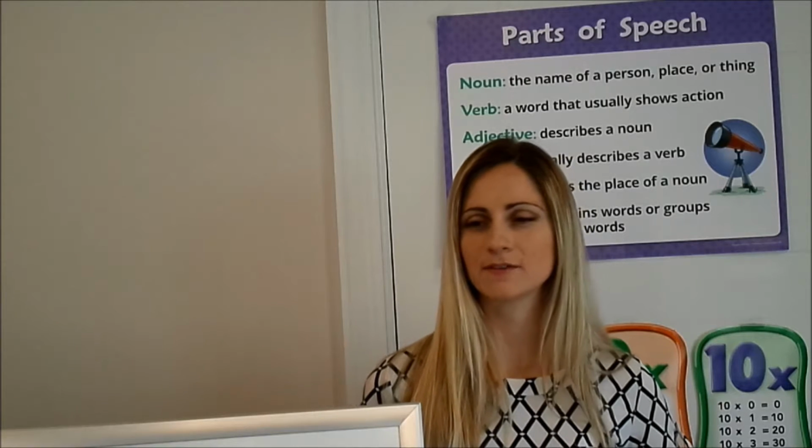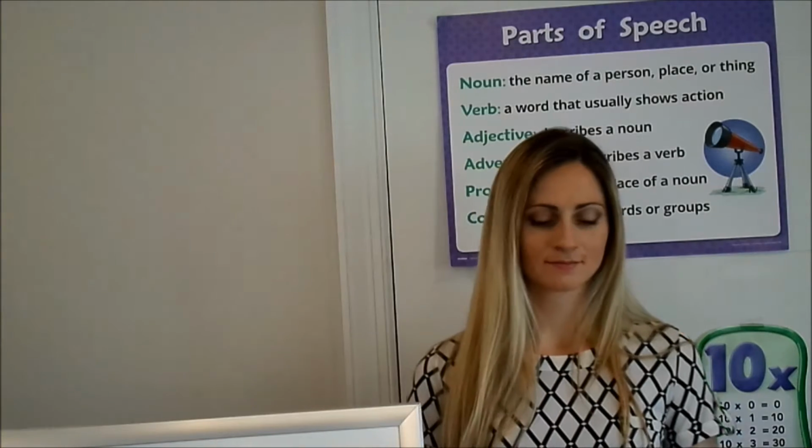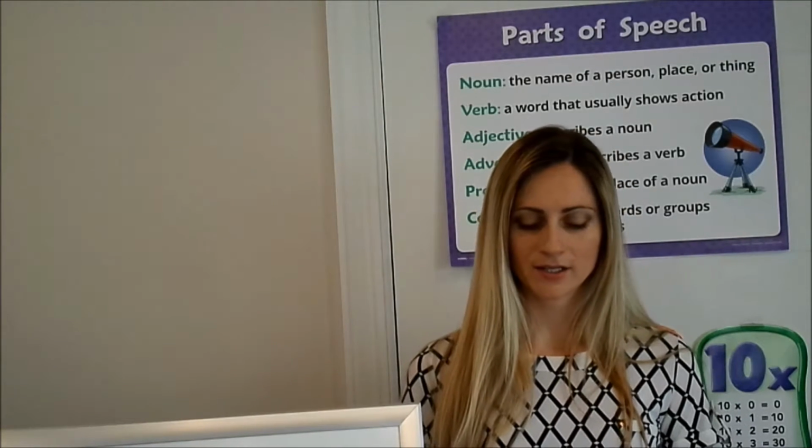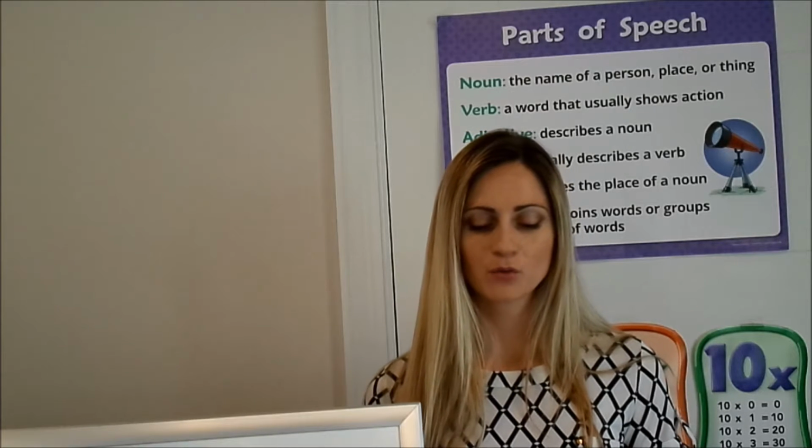So, for example, if I say, the dog sat on the floor, you are going to sit. Okay? All right, so remember you're looking for the verb. The small wrinkled dog sat by its dish. So you're going to sit. What is the verb in this sentence?